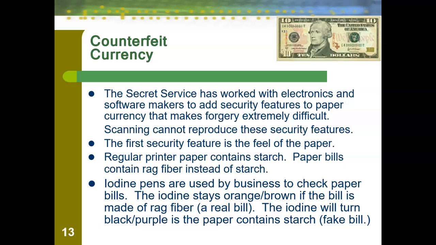Once again, this rag fiber paper is incredibly difficult to get your hands on, which is why it is a feature really only seen in our money. Meanwhile, if that iodine pen turns black, that tells us there is starch in the paper and that it is not authentic currency paper. So that's really our first security feature. And once again, rag fiber paper is heavily guarded to prevent people from counterfeiting.